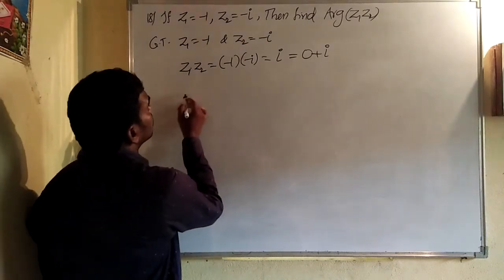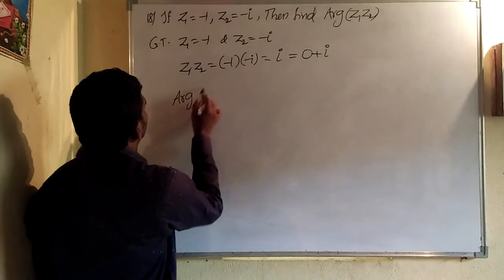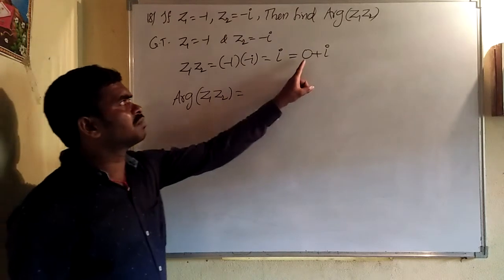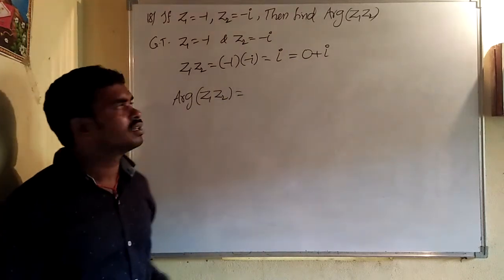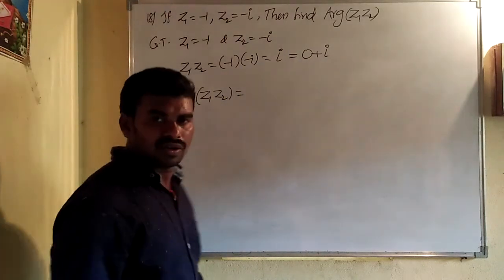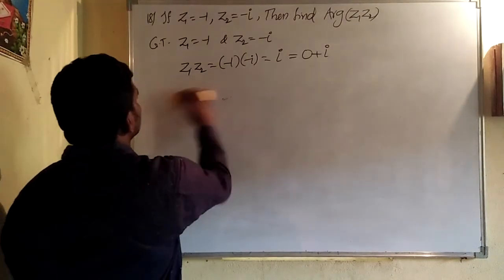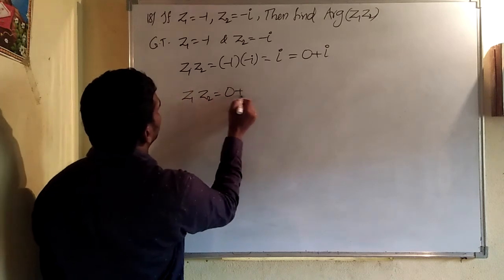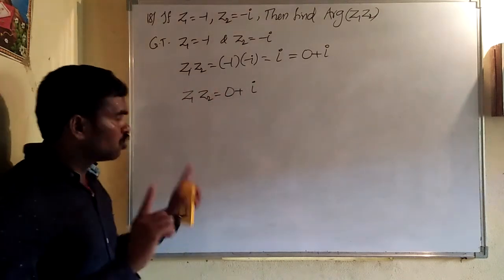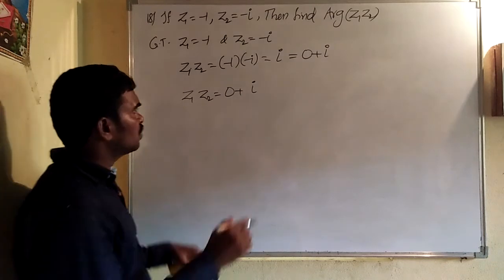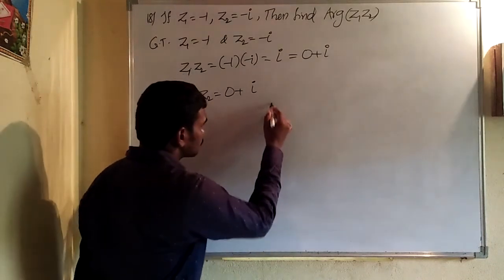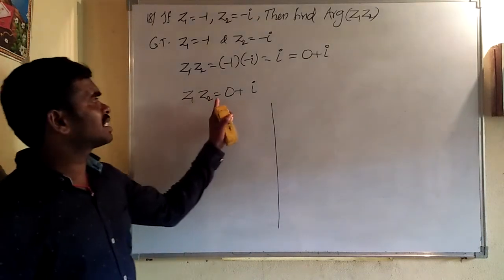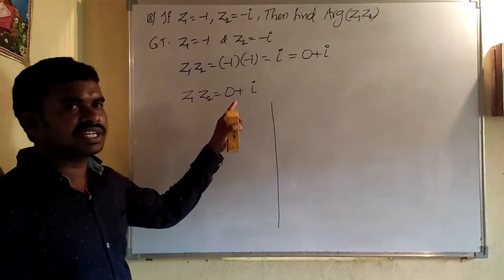The argument of z1 z2 we should write in terms of cos and sine. We got z1 into z2 equal 0 plus i. Two ways we can solve. One is theta equal tan inverse y by x; the other is expressing in polar form cos theta plus i sin theta.